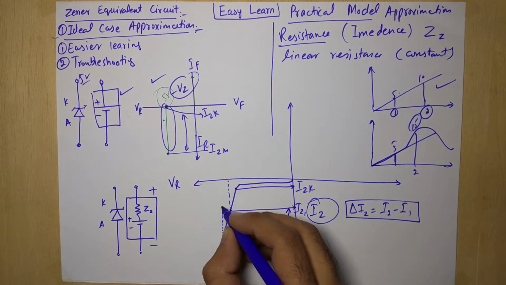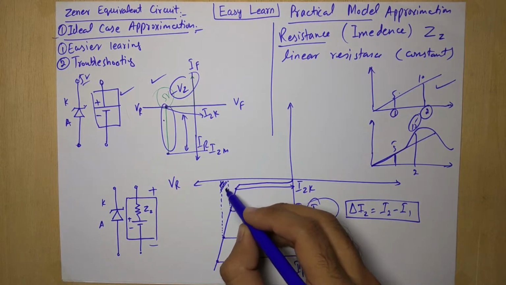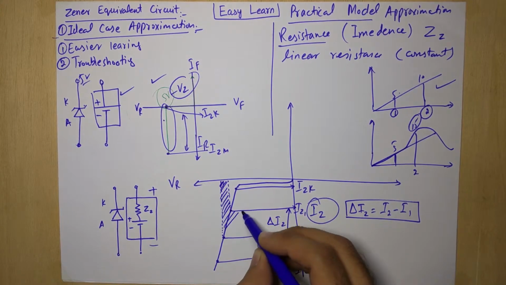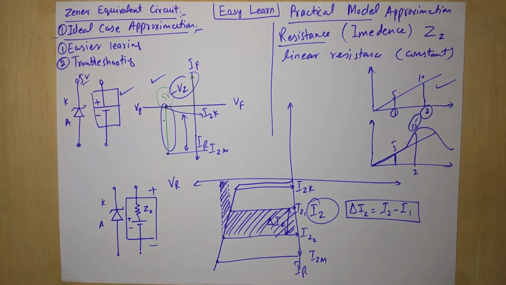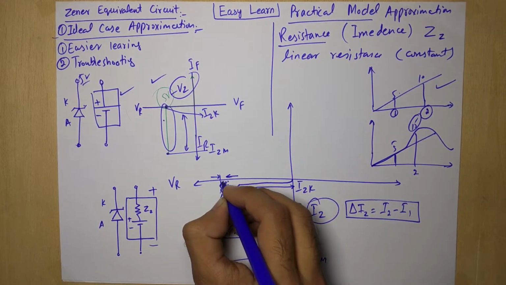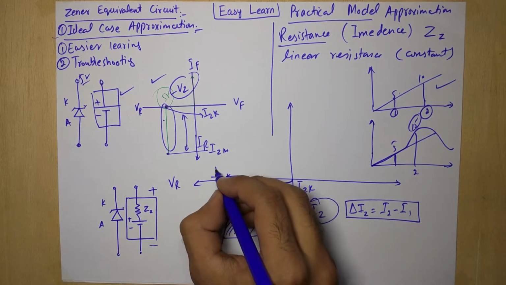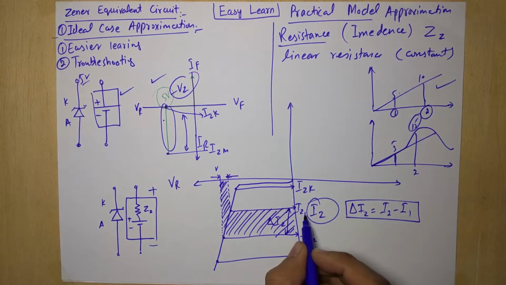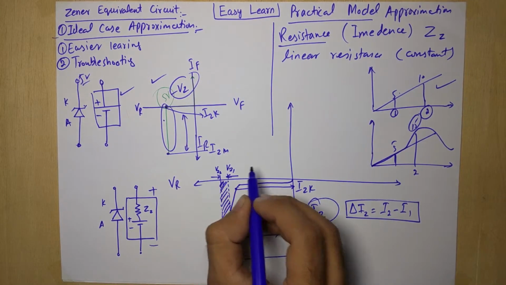Same is the case for the corresponding voltage. First of all I show this graph with a shaded portion so that it's easier for understanding. This is a change in the voltage that is represented by V1 or V2: for IZ1 it is VZ1, and this is VZ2.